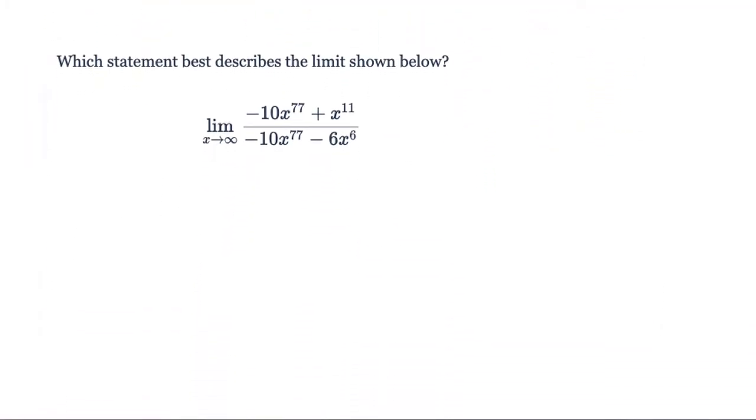Let's take something like this. If we look at this limit, notice that the power on the top is to the 77th. The power on the bottom is to the 77th. All this stuff over here doesn't really matter. We don't care about that stuff. What we really care about is that we have negative 10 on the top and we have negative 10 on the bottom.